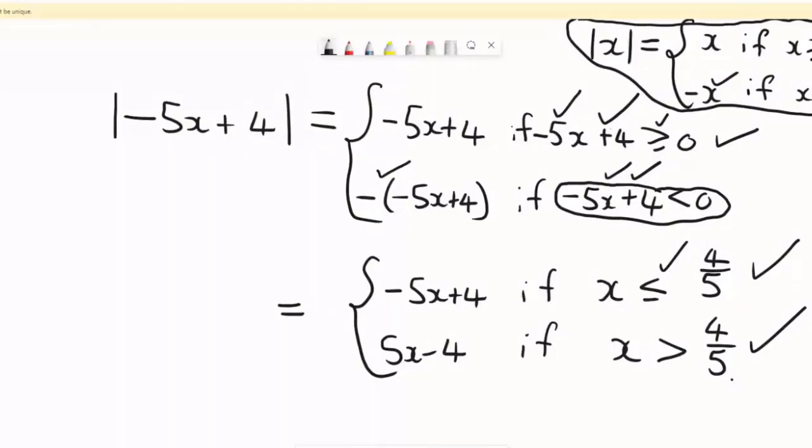And then for the if part, do we not use 5x? No, you don't use that. You use the original thing inside here. We use the original. Look there. The definition. I use that in the definition. Can you see that?